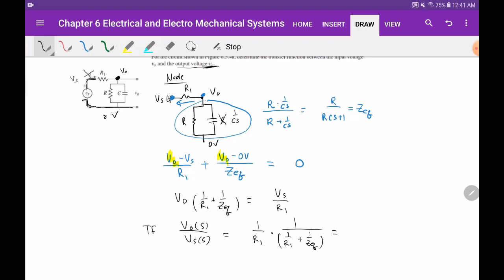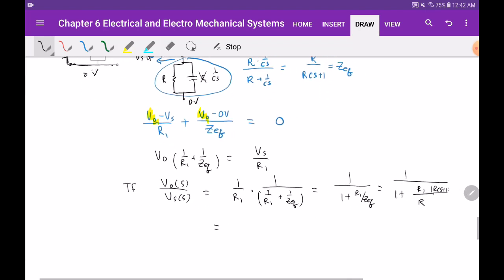So R1 cancels. You'll have 1 over 1 plus R1 divided by C equivalent. Let me see, divide by R, and you have RCS plus 1 on top.